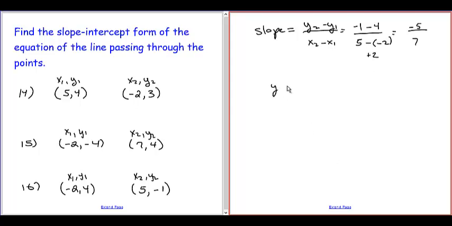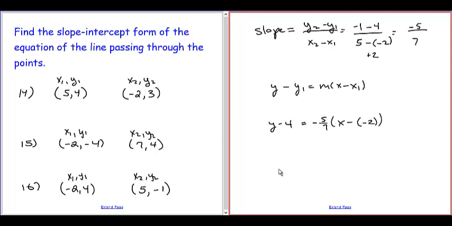So we can then use the point slope form of the linear equation: y minus y1 is equal to m times x minus x1. So y1 is 4. The slope is negative 5 sevenths. x1 is negative 2.